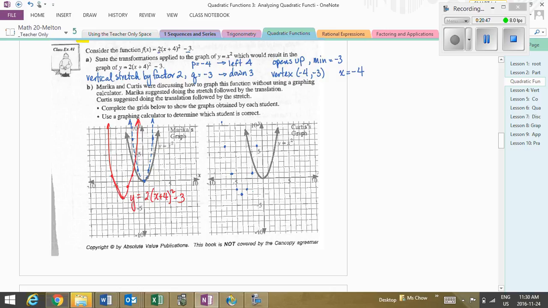You can draw in Curtis's. That has been translated. So this is y is equal to then just (x plus 4) all squared minus 3.